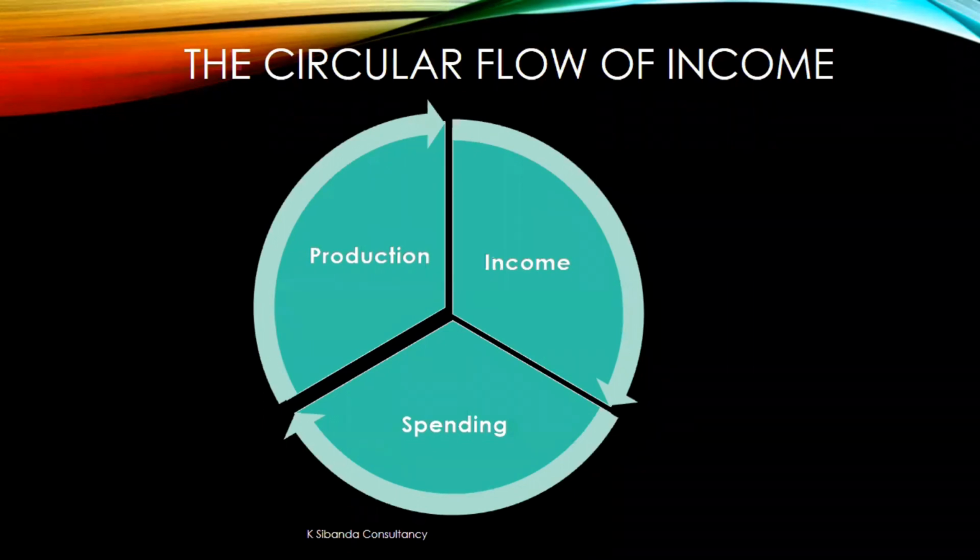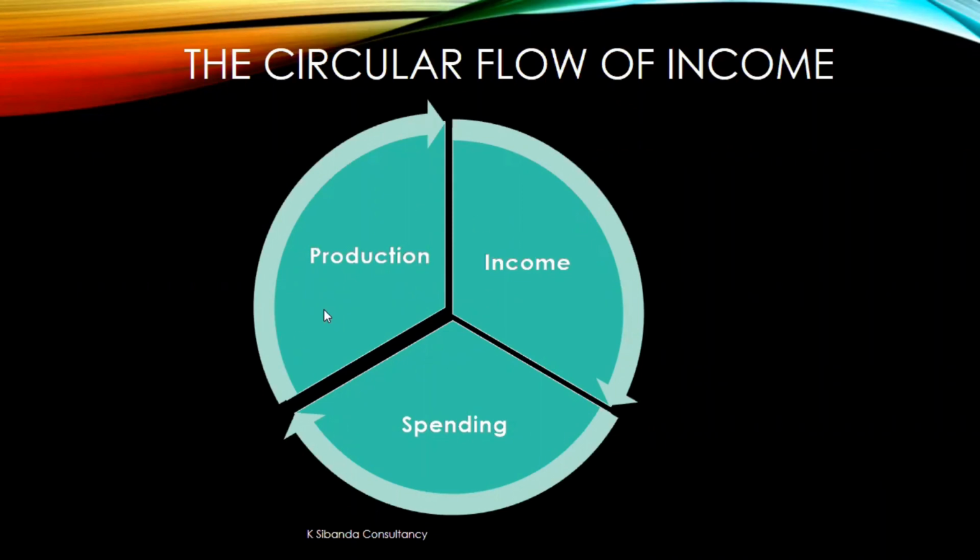Now, the circular flow of income tells us that when firms produce goods and services, they need inputs to be able to do that, which means they rely on the factor market. The factor market is where you get your inputs in terms of labor and the various factors of production.